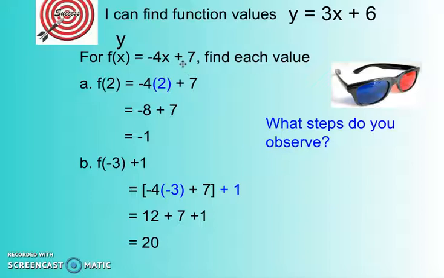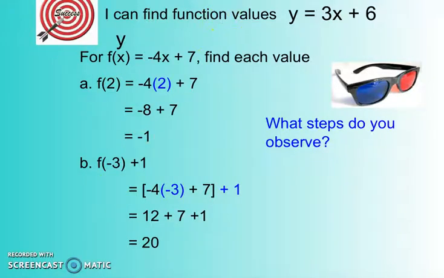So the thing that changed is whatever number goes inside these parentheses is the number that I'm going to substitute in for my variable. So do you notice that this 2 went in for the x, and this -3 went in for the x down here? These are two different situations.